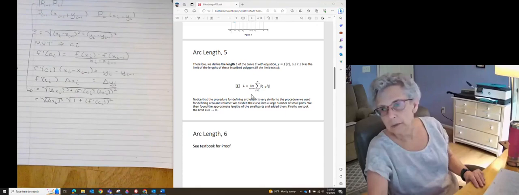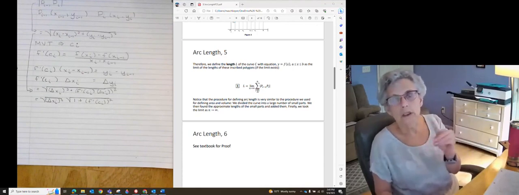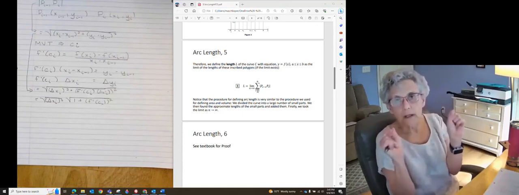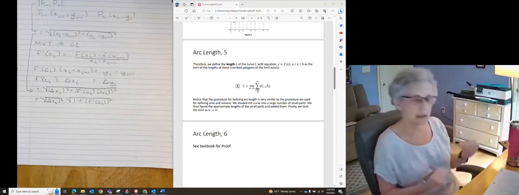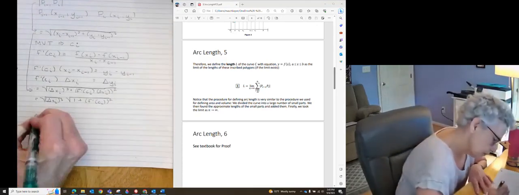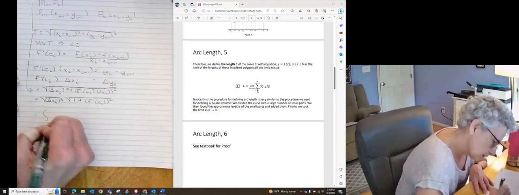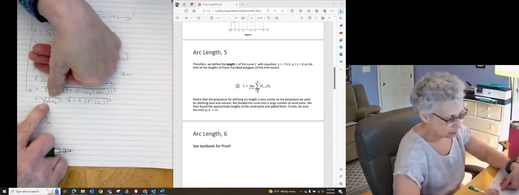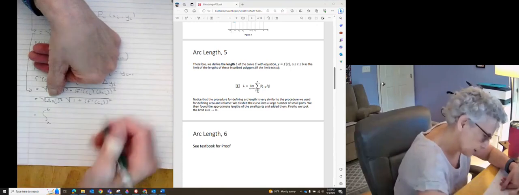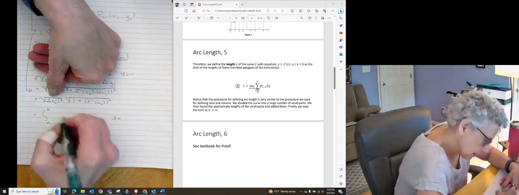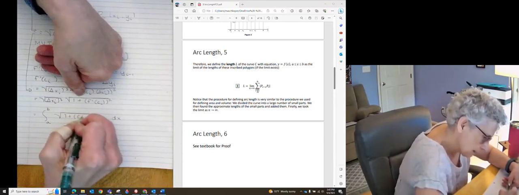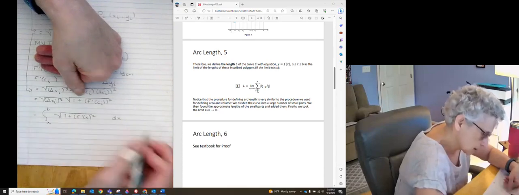So if we look at this limit here, the limit as n approaches infinity, so the number of little subintervals that we divide it into approaches infinity, this becomes an integral, which would be the integral from a to b. And remember, the square root of delta X squared will be our dx, and we have the square root of 1 plus F primed of x squared.